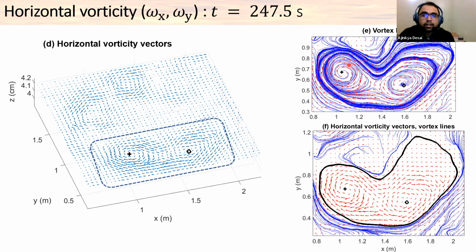So there is some kind of interaction between these two fire pockets through these eddies that correspond to these vortex lines.